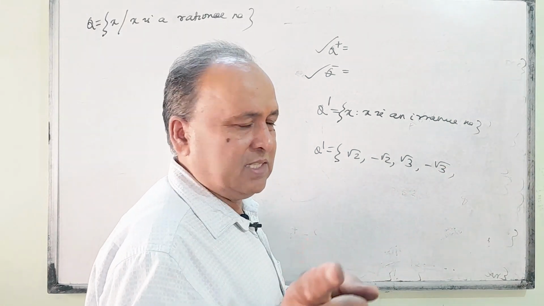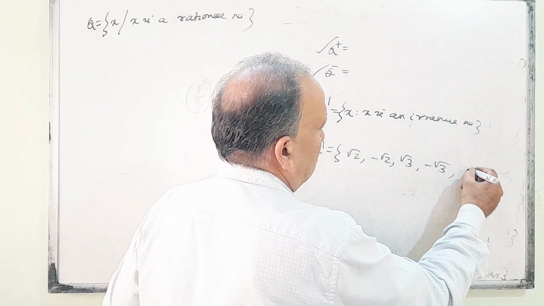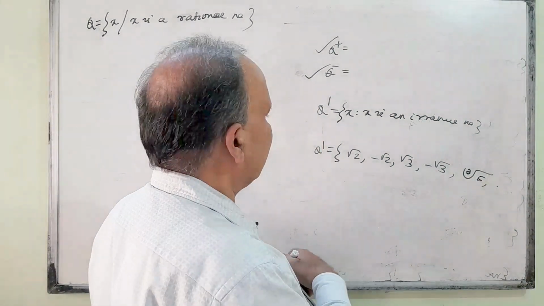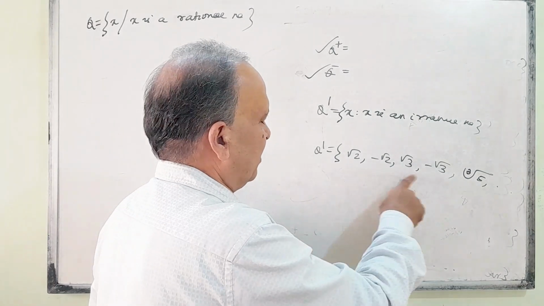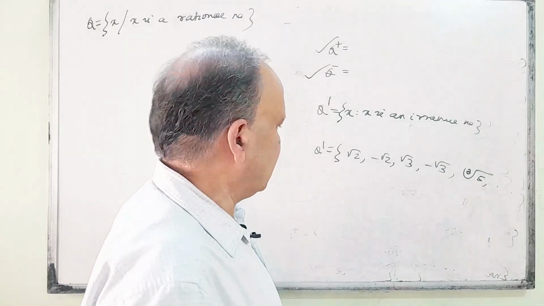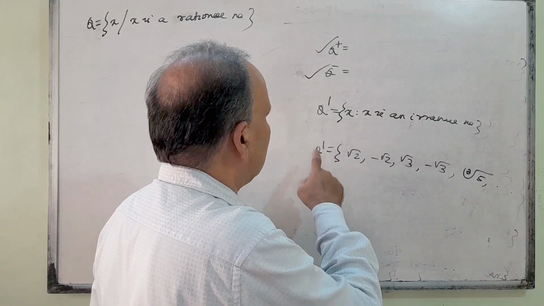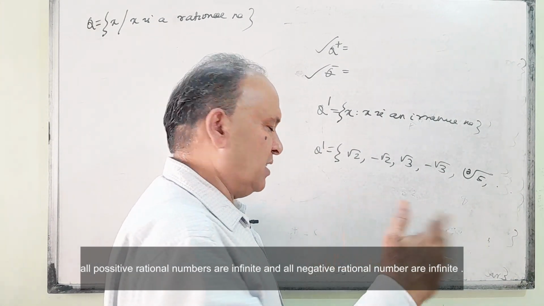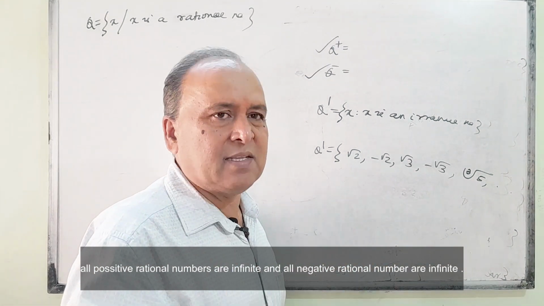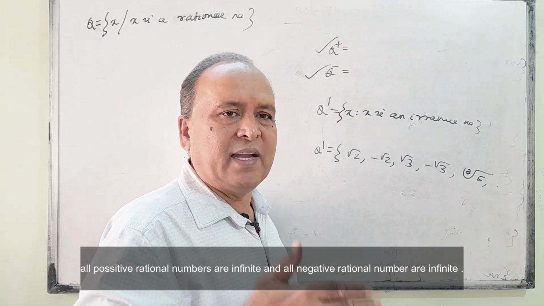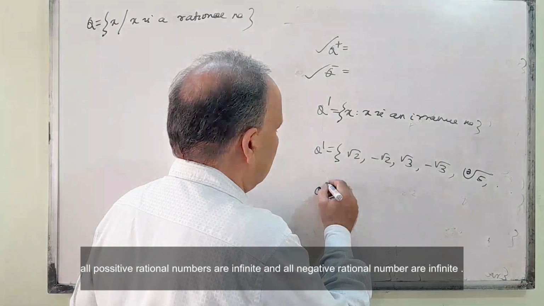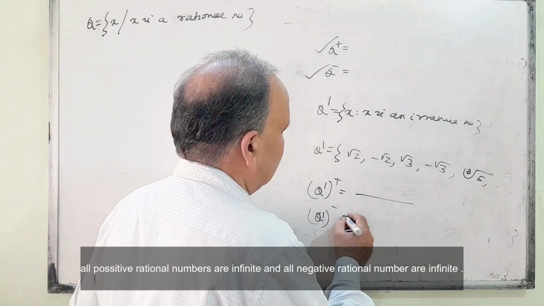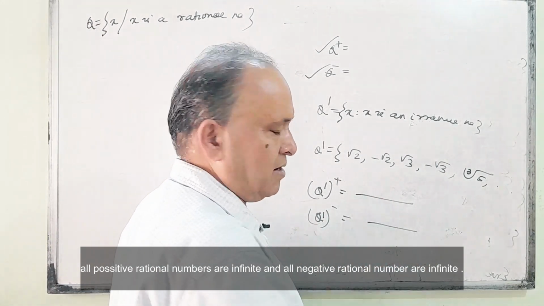Root 4 is 2, it is rational. Then the cube root of 5, like this. All these are irrational numbers because we cannot determine their radicals. Similarly, Q dash plus, the positive irrational numbers, is infinite, and all negative irrational numbers too. That means Q dash plus and Q dash minus are also infinite sets because we cannot count them.